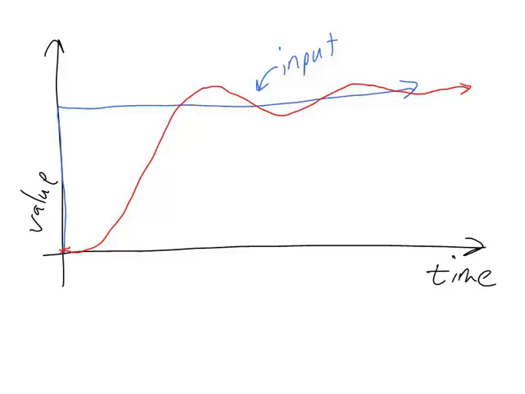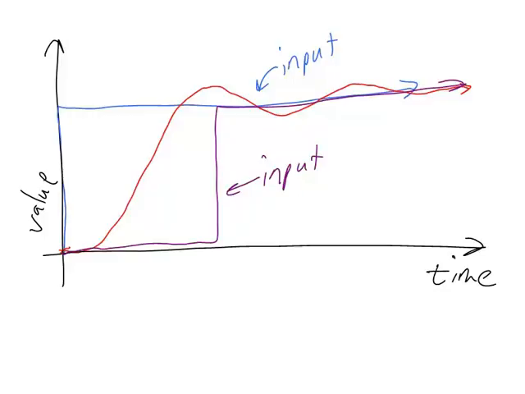Now, let's suppose that the step input was not applied at time equals 0, but was instead applied at time equals t. What would the system output look like?